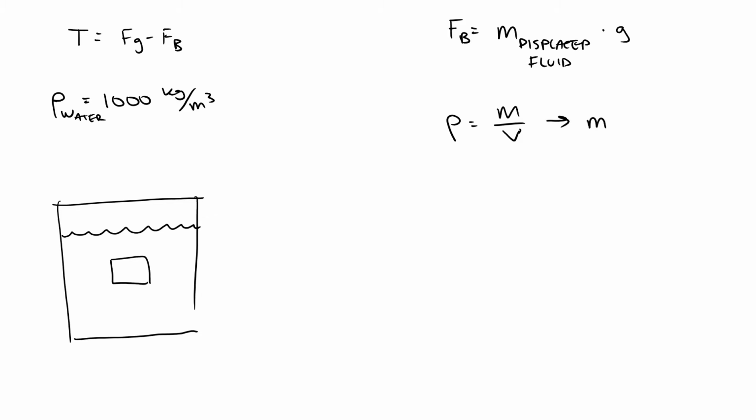That means we can solve for the buoyant force by using this as the mass term. I think I jumped straight to this in the formula I gave you guys. Displaced fluid. I don't have enough space.